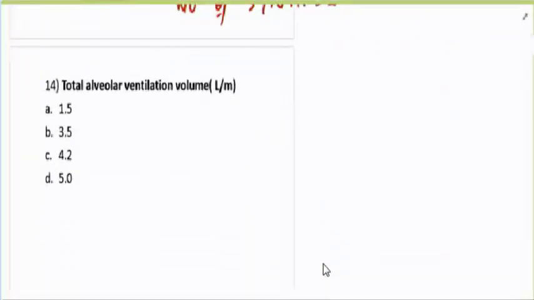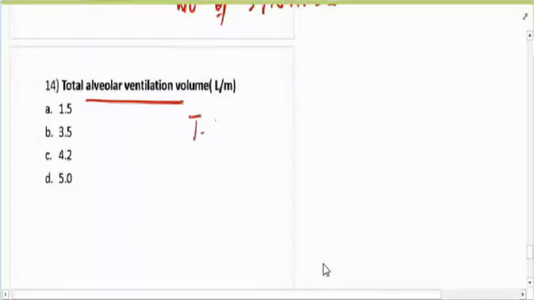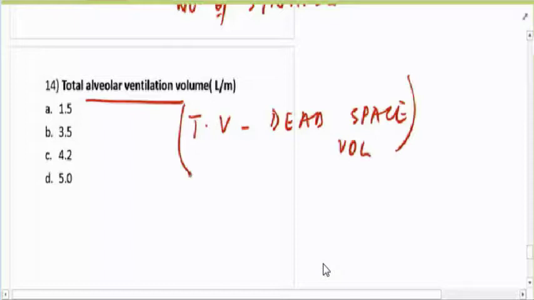Total alveolar ventilation. What is alveolar ventilation? Alveolar ventilation is the tidal volume minus the dead space volume, multiplied by the respiratory rate.